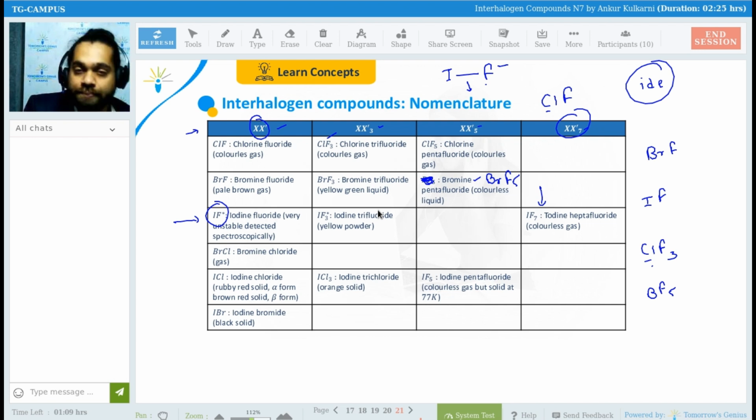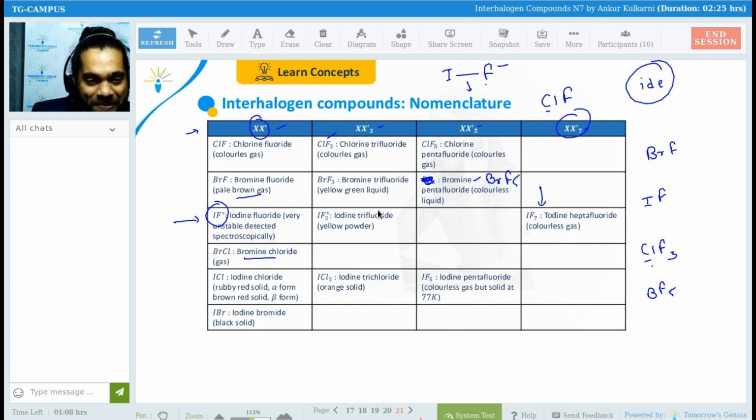Sir, I'm asking about their physical state. You can see bromine fluoride is a gas. Bromine chloride is also a gas. But iodine bromide is a solid.